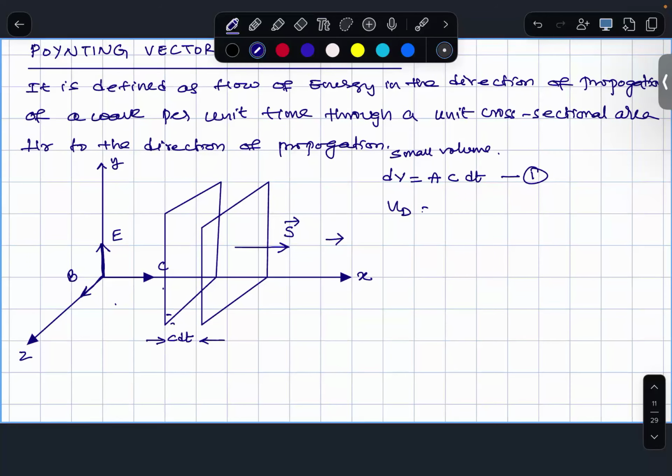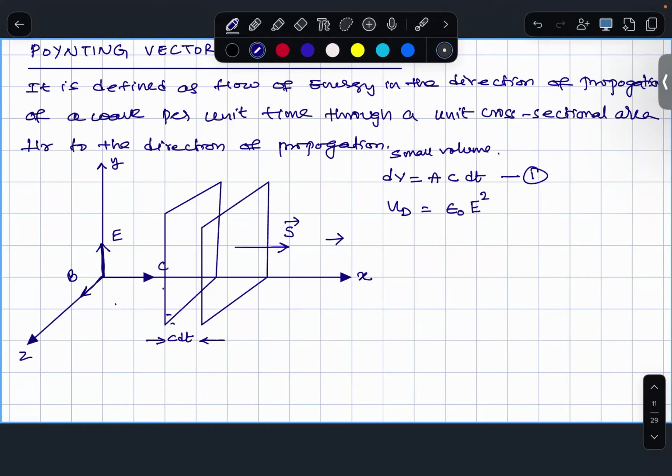Energy density, I know it is epsilon naught ERMS square. Or, okay, sorry. Energy density at that instant is epsilon naught E square. Remember the difference between the one which I have written and the one which I am writing right now: that is in statics.